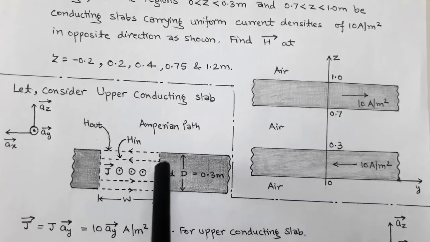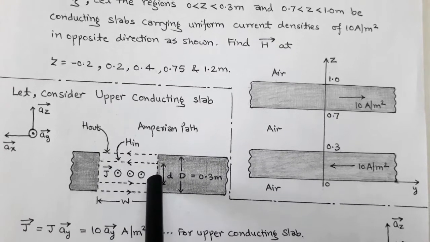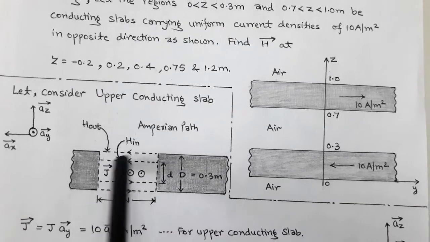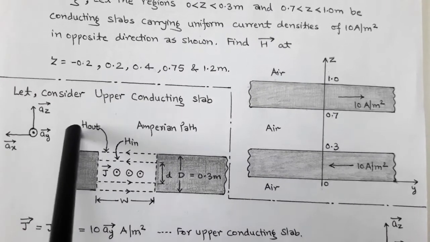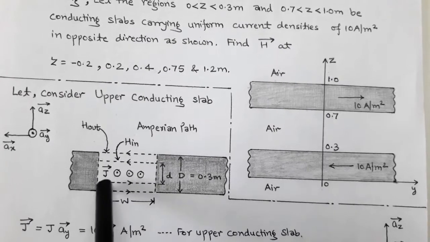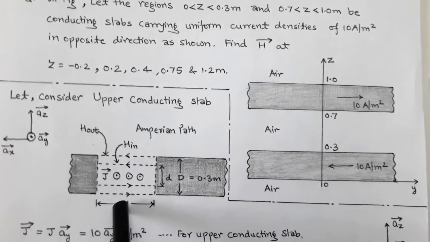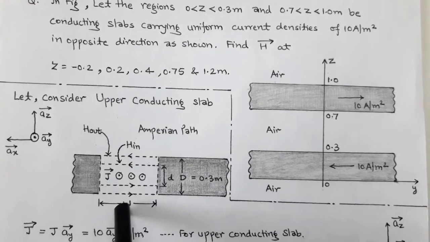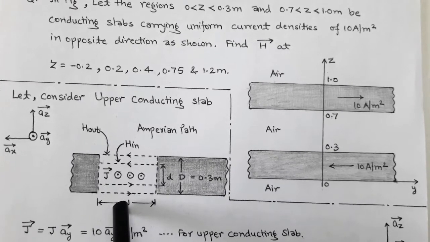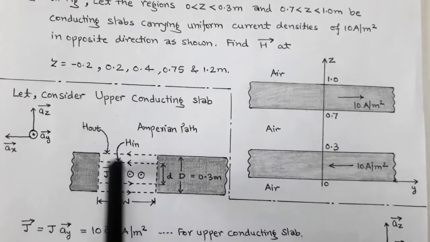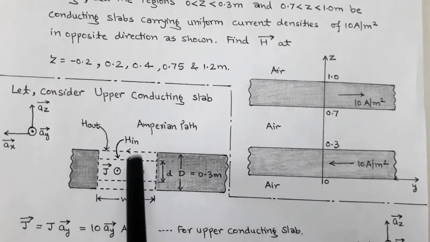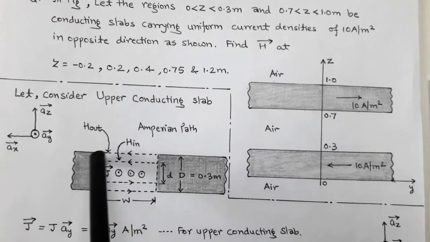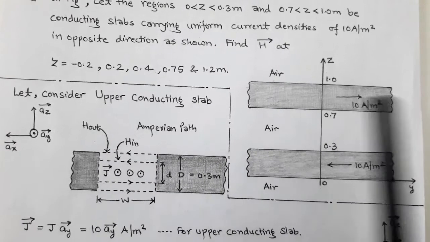So we consider two Amperian paths, one for H suffix IN, the magnetic field intensity inside the slab, and H out, the magnetic field intensity outside the slab. The direction of the Amperian path is given by the right hand thumb rule, that is, anti-clockwise.